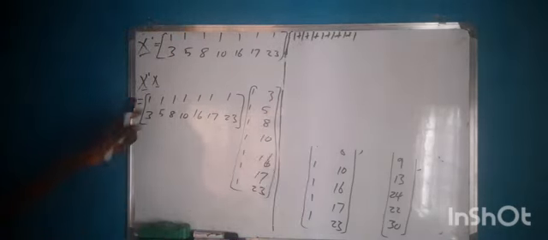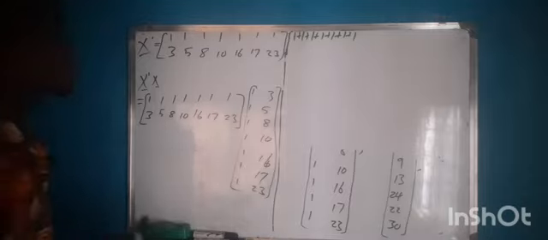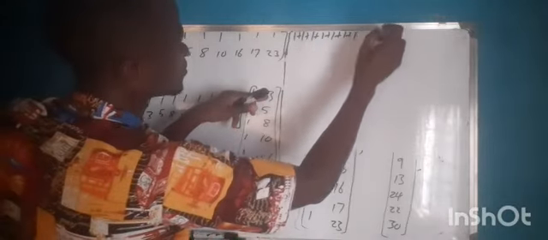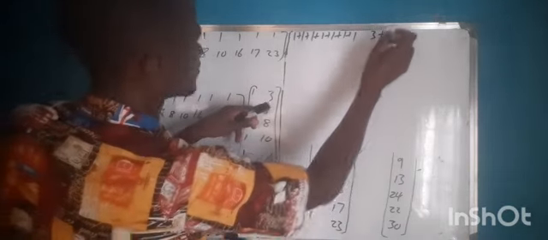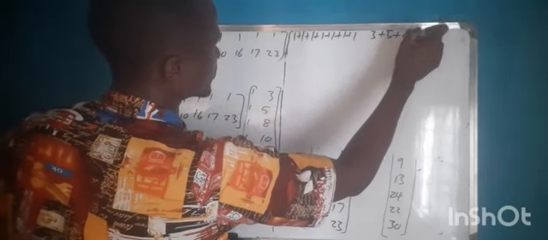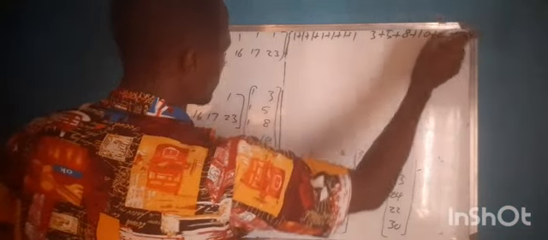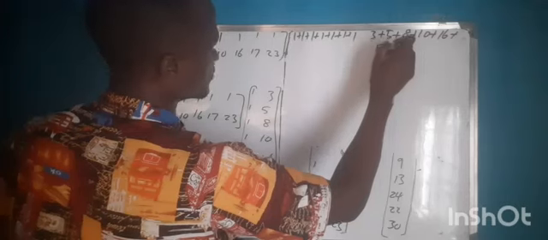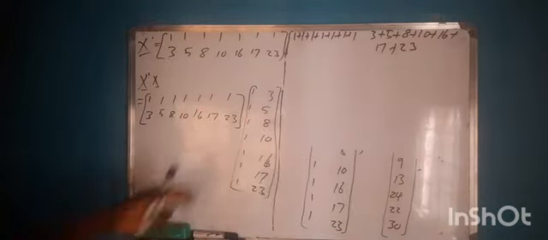Then for the second column, 1 times 3 gives 3, plus 1 times 5 gives 5, plus 8, plus 10, plus 16, plus 17, plus 23. We are done with the first row.